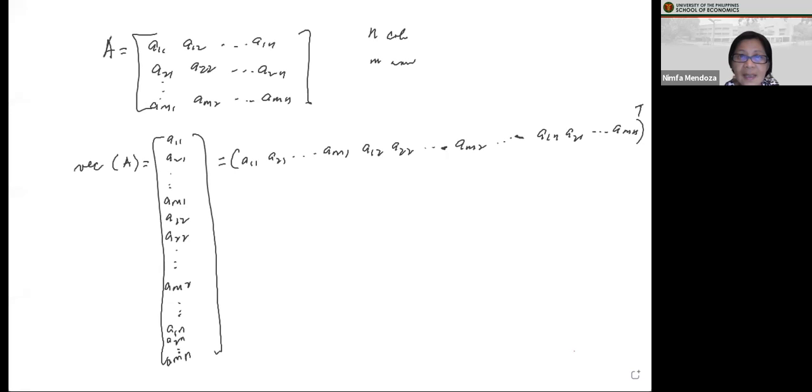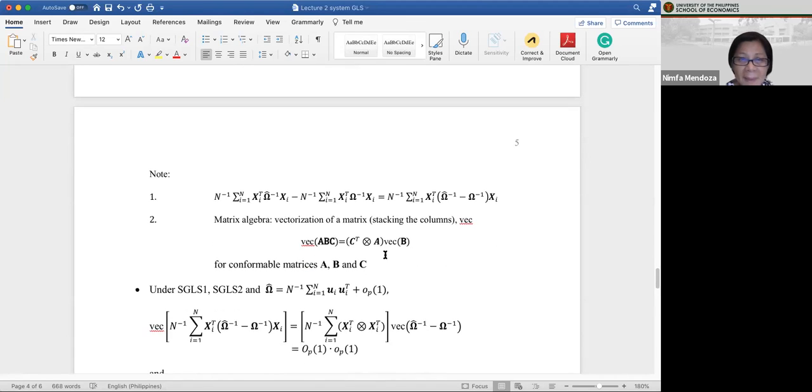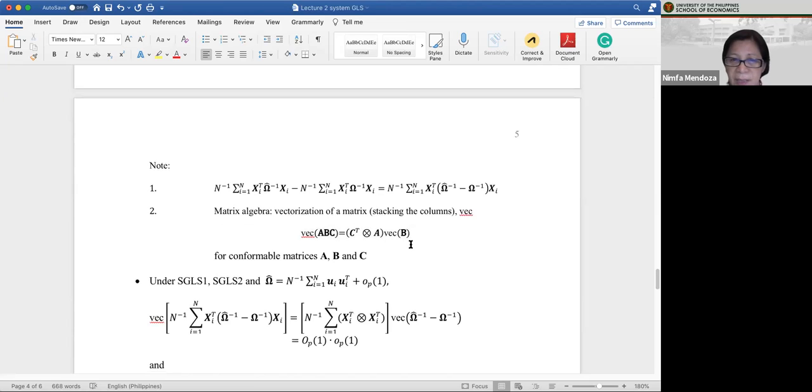Let us go back to the lecture. For vectorization, we have this result on the vectorization of the product of three matrices A, B, and C, assuming that these matrices are conformable for matrix multiplication.